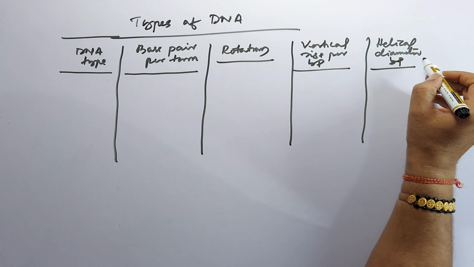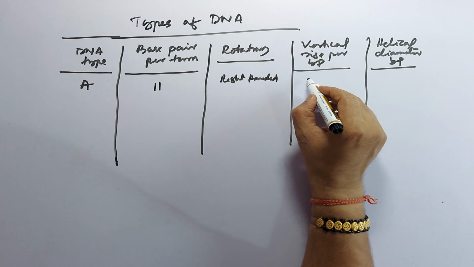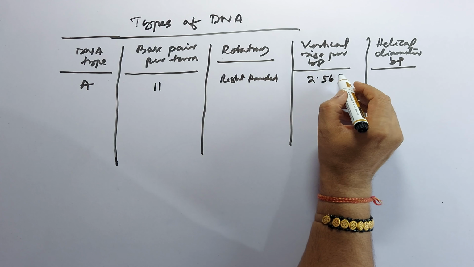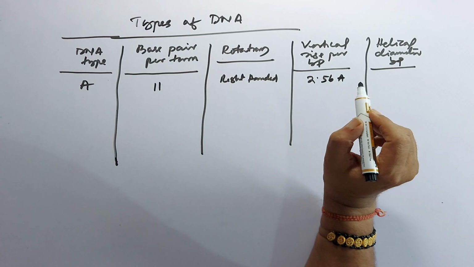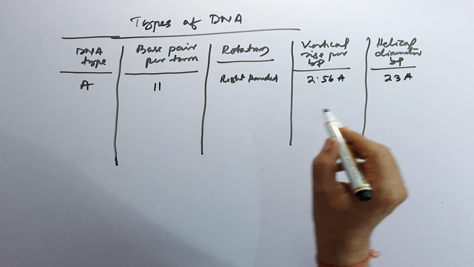So in A-DNA the base pair per turn is 11 and it is a right-handed helix, with vertical rise 2.56 angstrom and diameter 23 angstrom.